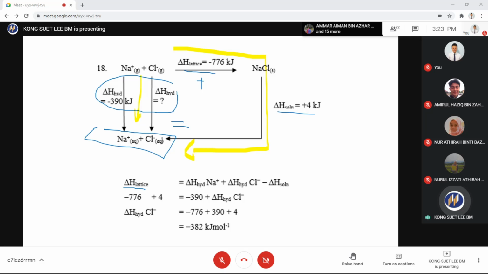Lattice energy, sekarang saya nak lattice energy kan? Maksudnya sekarang lattice energy adalah hydration ni campur hydration ini, okay, tolak ini. Kerana dia sudah reverse. Dia pergi sana akan jadi tolak. Asalnya ialah macam ni. Lattice campur solution akan sama dengan dua hydration.